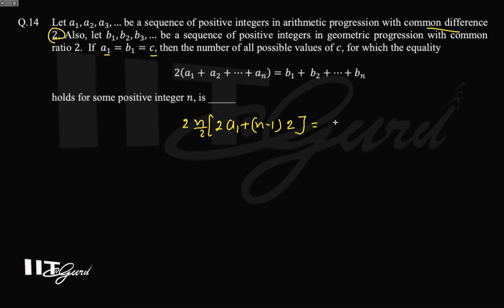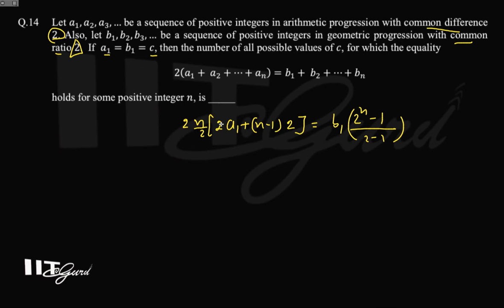And here this is the sum of GP. So B1 into r to the power n minus 1 upon r minus 1, where r is the common ratio, and the common ratio is also 2. The number of terms is n.